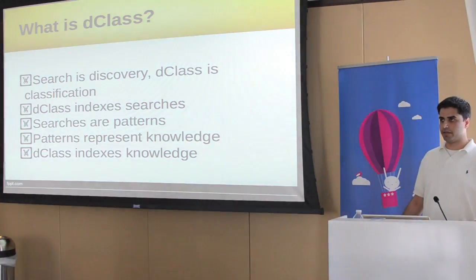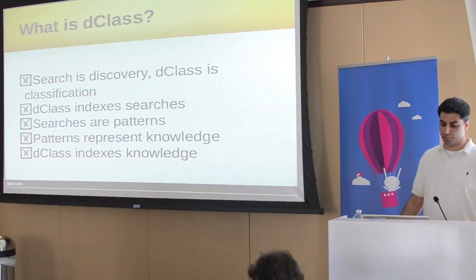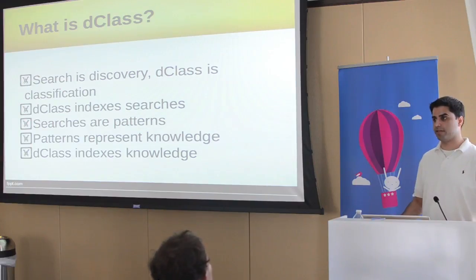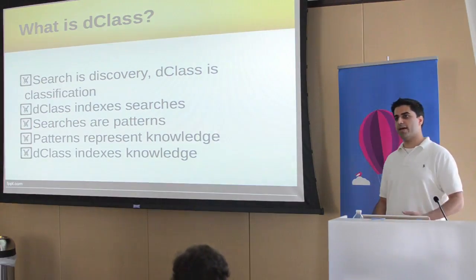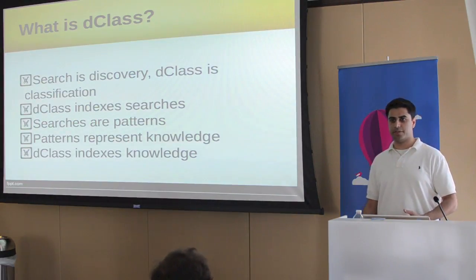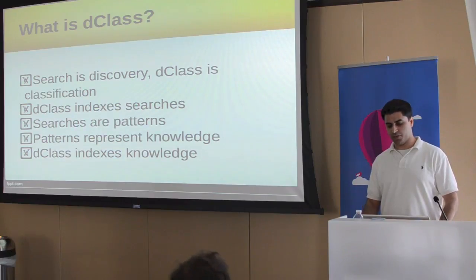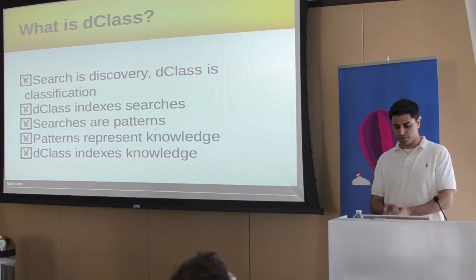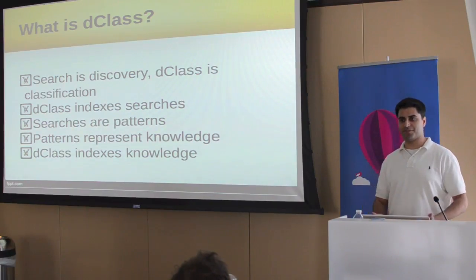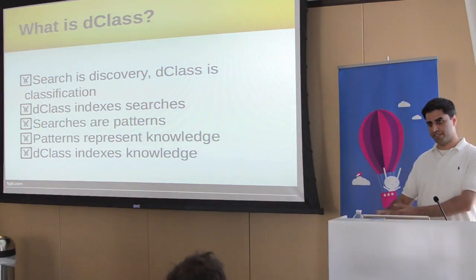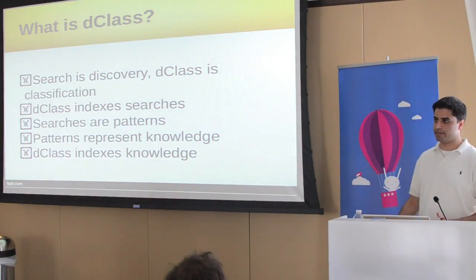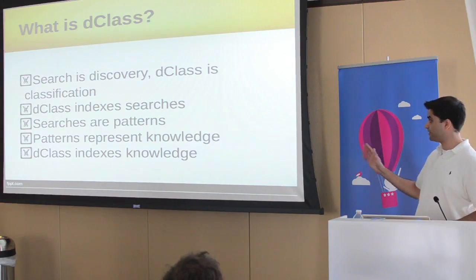These patterns represent knowledge. You have to be very specific and say, this pattern means X, this pattern means Y. So in that sense, we can say that dClass indexes knowledge.